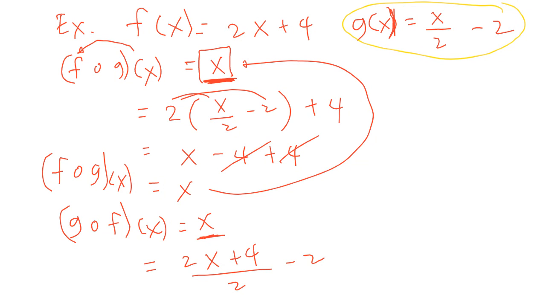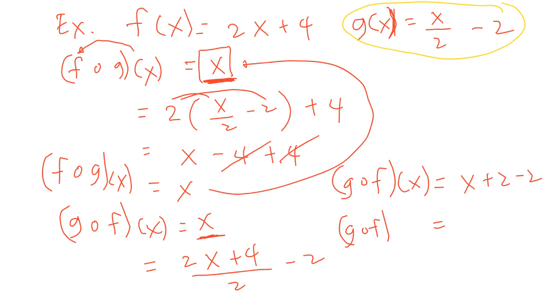Simplifying, g composition of f of x is equal to 2x divided by 2 is x, then 4 divided by 2 would be 2, and then minus 2. So therefore our answer would be just x, since the 2 will be canceled out.